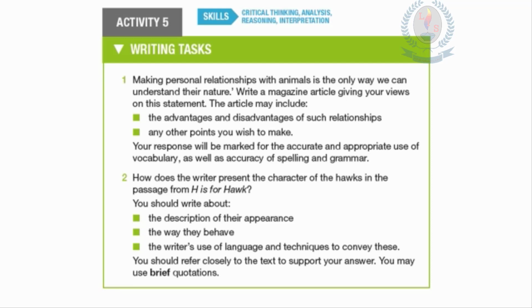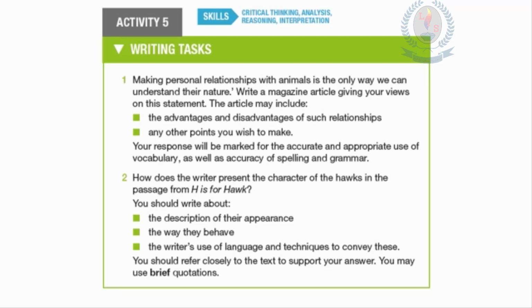Before writing, you have to plan what you are going to write. Writing task 1 is a transactional essay topic which may appear in section 2 of paper 1. Before writing, you have to find points, arrange them in order, and always try to use techniques such as statistics, rhetorical questions, expert opinions, research details, and examples to support your writing.